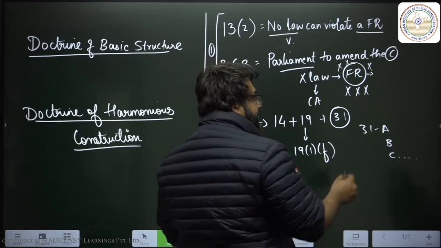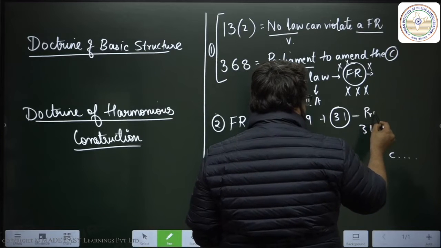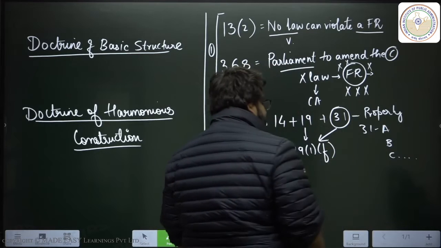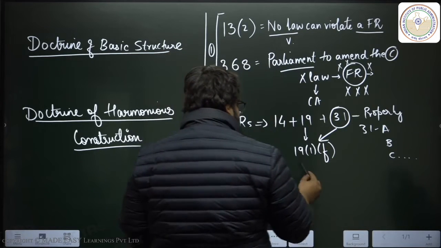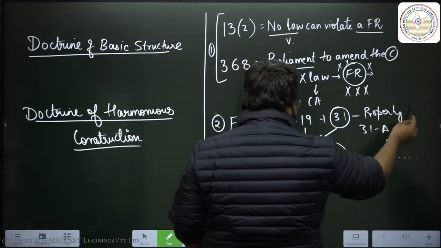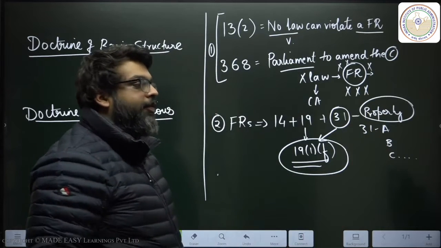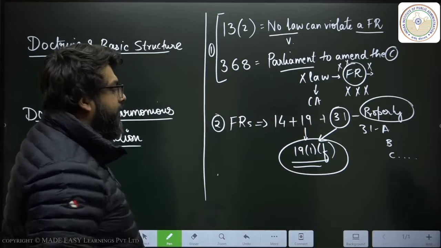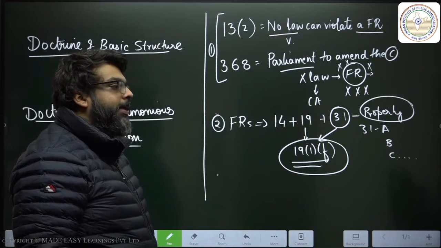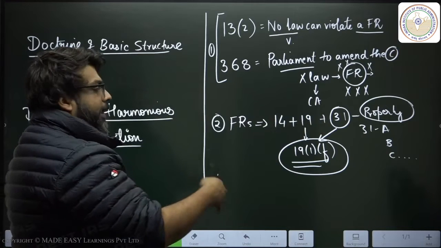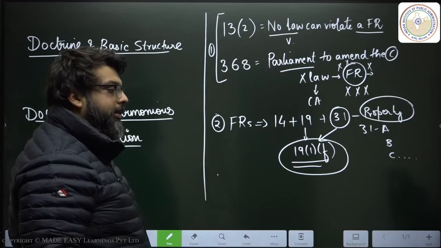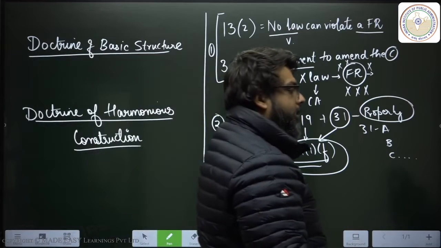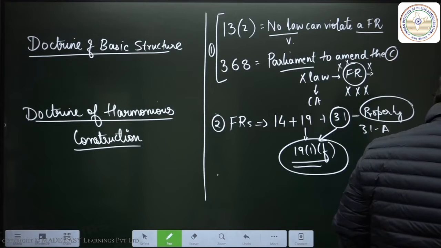Now, Article 31 is your primary right to property, and this is supported by Article 19 Clause 1, and both of these over a period of time will be eliminated from the Constitution. We'll come to that later, but these are basically the set of fundamental rights that are going to be called into question, that are going to be understood in a certain set of concepts as far as our rights are concerned, our ecosystem is concerned.